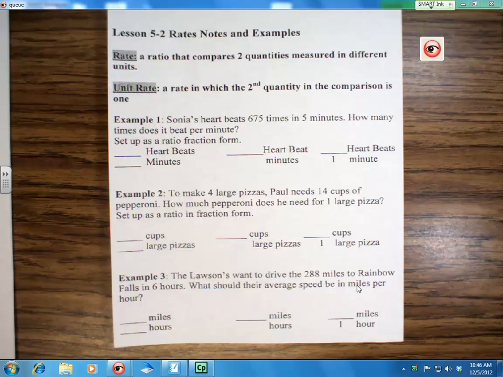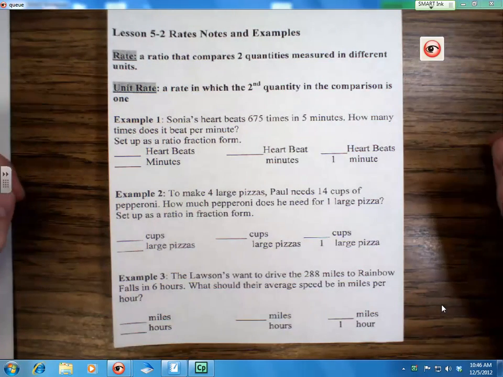Today we are going to be talking about lesson 5-2, which is rates, and we do have two vocabulary words today. If you notice, they're up there at the top. The first one is rate, which is a ratio that compares two quantities measured in different units.